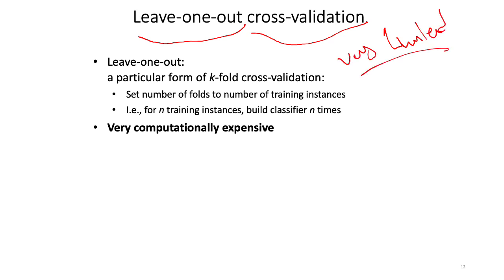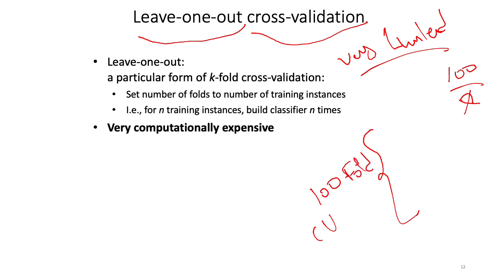Okay, so let's say I only have 100 instances in total. So what do I do with that? Do I just give up and not build a data mining model? No, you do have this alternative of using leave one out cross-validation. So the idea is you are going to do 100 cross-validations, so 100 folds or iterations.